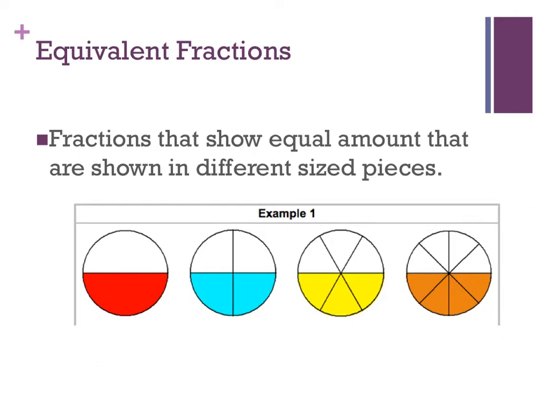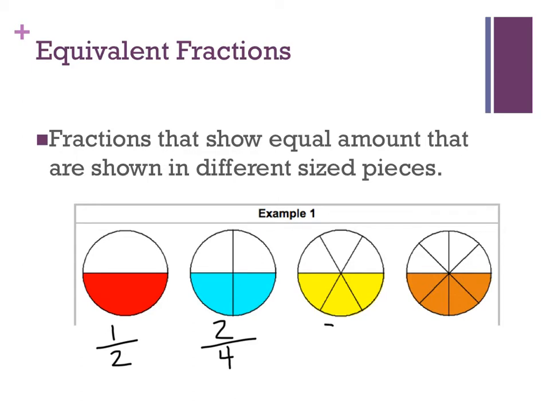Equivalent fractions are fractions that show an equal amount in different sized pieces. In all of these circles, you see the same amount, 1/2. In this first picture, 1/2 is shown by 1 red piece and 1 white piece. In this second one, I have 2 shaded pieces and 4 total.